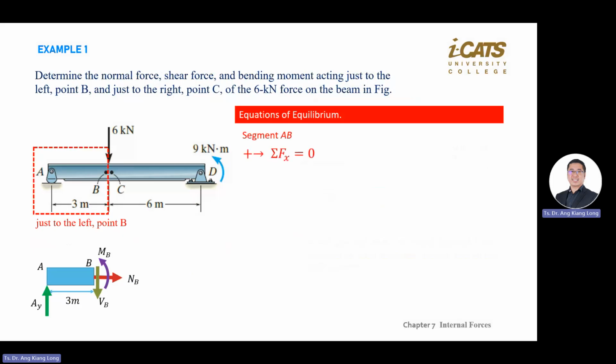So for section AB, all the force equals 0. You can start with moment, you can start with force. So in this case, we start with forces. X direction, going to the right is positive. So here, you only have one NB, right? So you start with these three equations. My marking scheme always, when you write this one, you get 3 marks already.